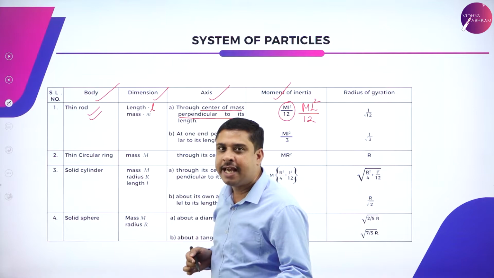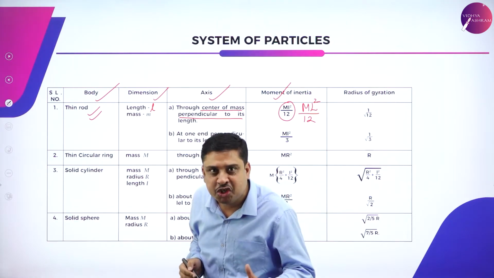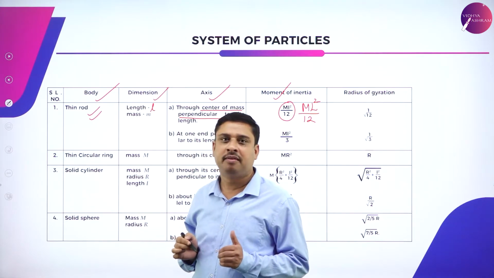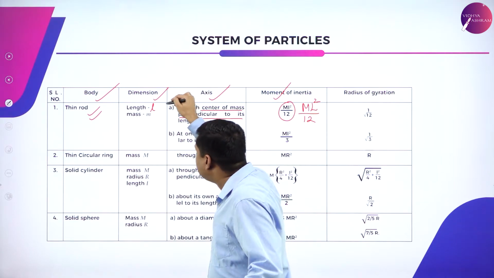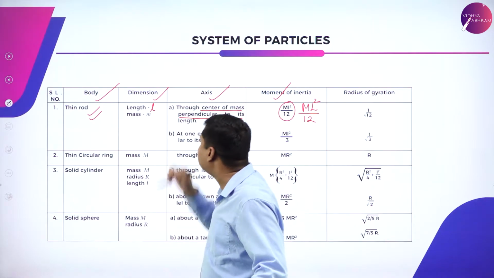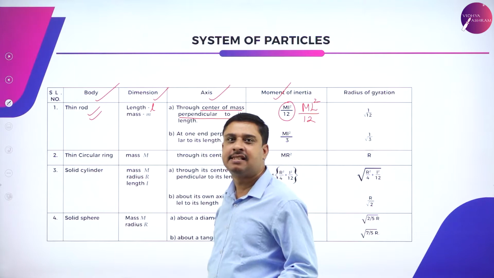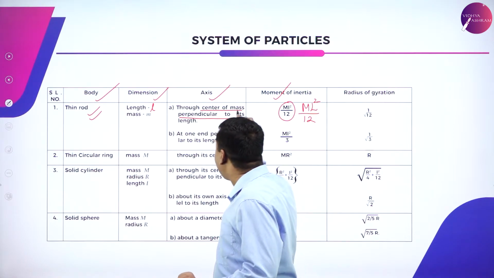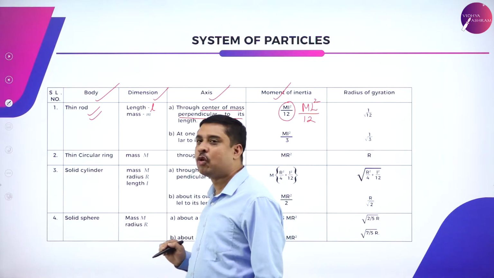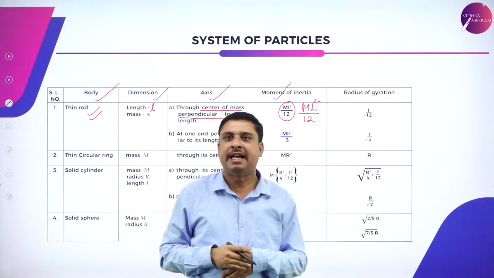So remember, moment of inertia of a thin rod which has length L and mass M about an axis passing through the center perpendicular to its length is ml square divided by 12.